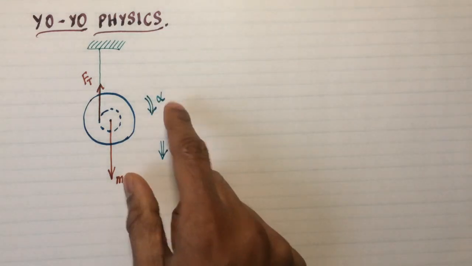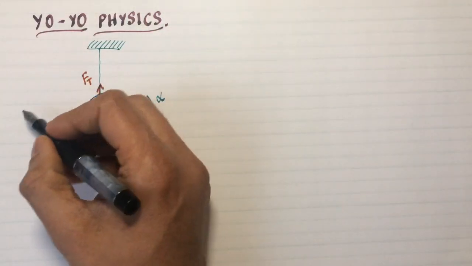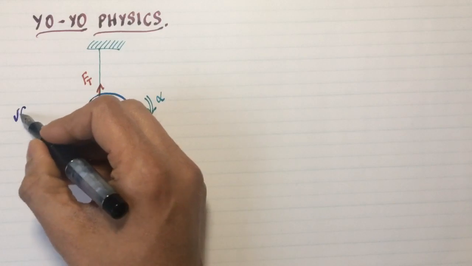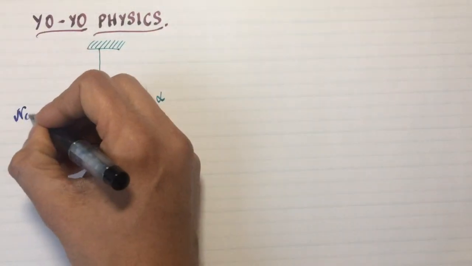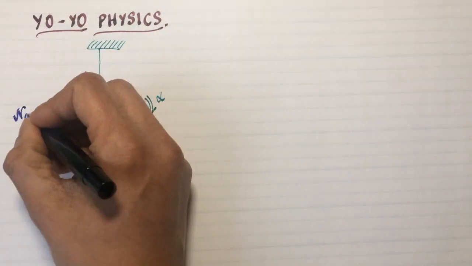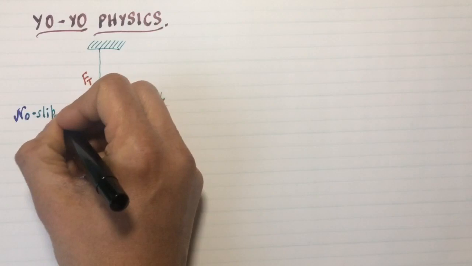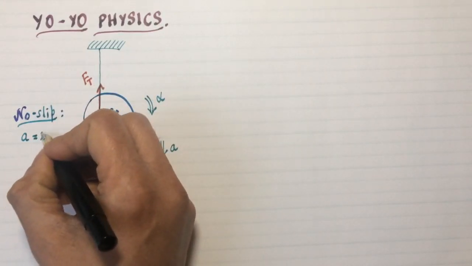Now there is a connection between A and alpha. Let's write that down. It's the so-called no-slip condition. And the no-slip condition is A equals R alpha.